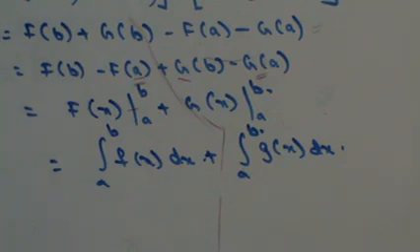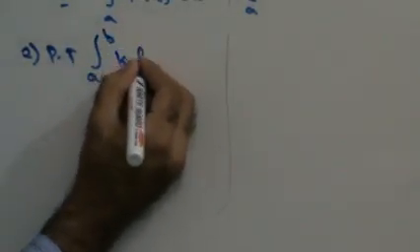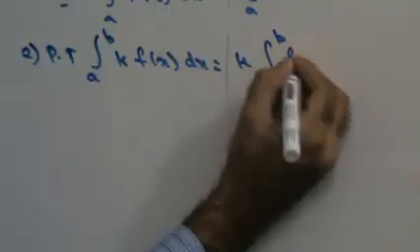Next, let's see the next sum, guys. Prove that the integral from a to b of k times f of x dx is nothing but k times the integral from a to b of f of x dx. Right?